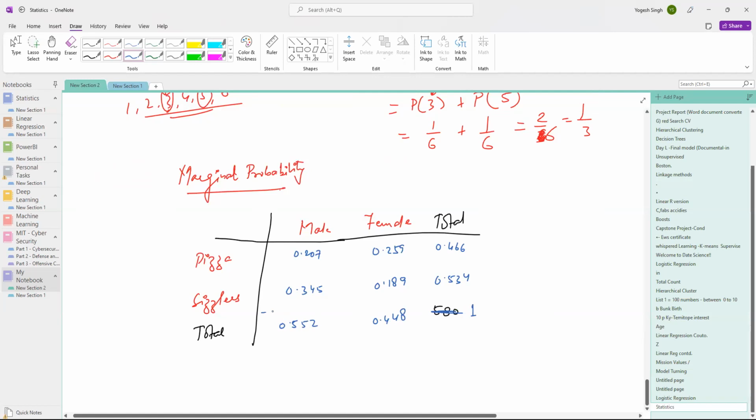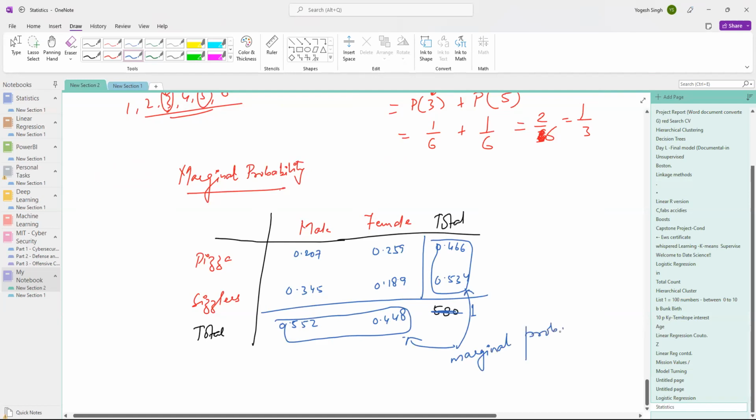So these probabilities that you see are known as your marginal probabilities. Which are at your margins, which you get by summing them up. अगर इसको sum up करोगे, this plus this will give you this.